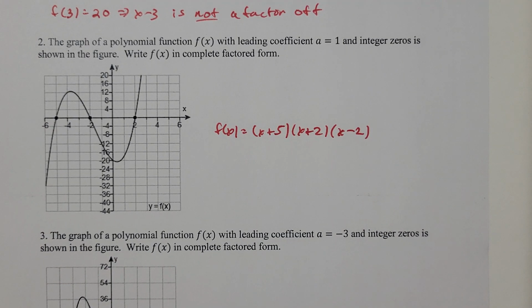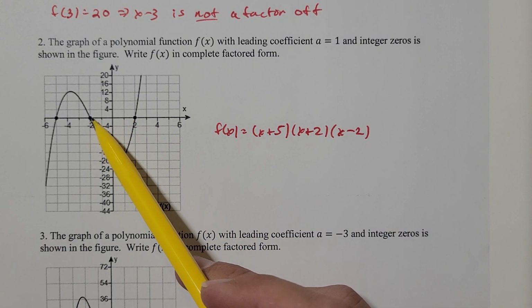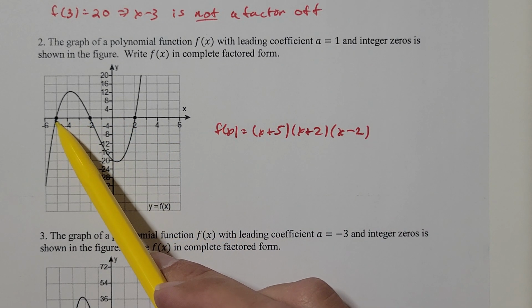Problem 2, the graph of a polynomial function f of x with leading coefficient a equals 1 and integer zeros is shown in the figure. Write the function in complete factored form. Okay, so whenever you know a 0, you know a corresponding factor. So the zeros here would be 2, -2, and -5.